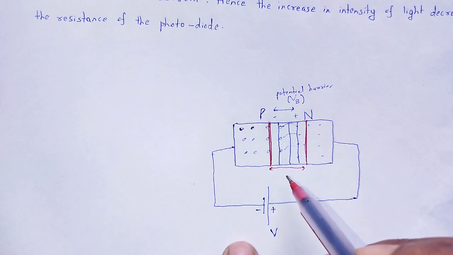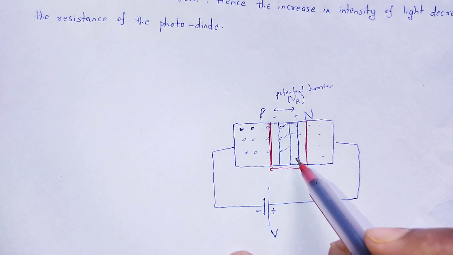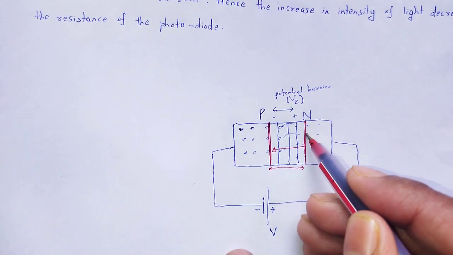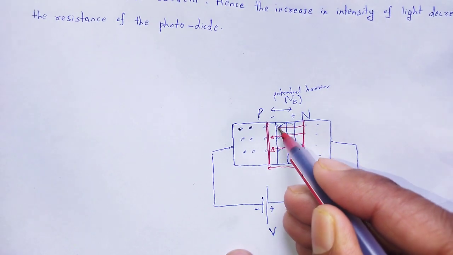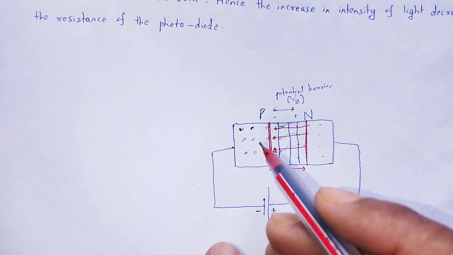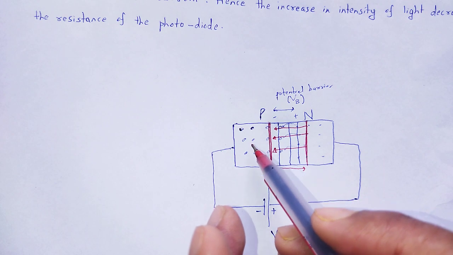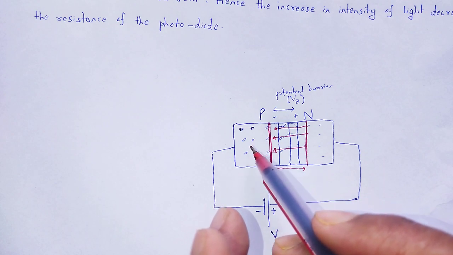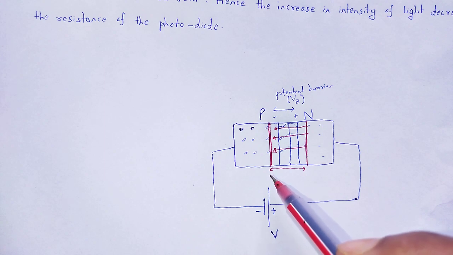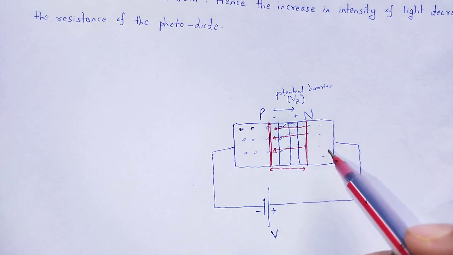Inside the potential barrier, there is an electric field from N type to P type, and that electric field opposes the further increase of free electrons, and there will be a very small amount of current flow through the PN junction diode.